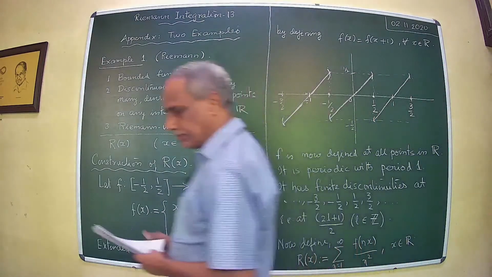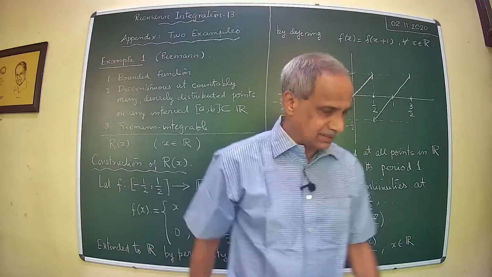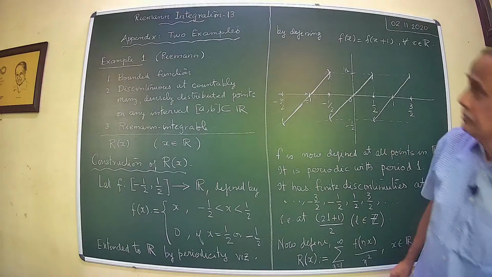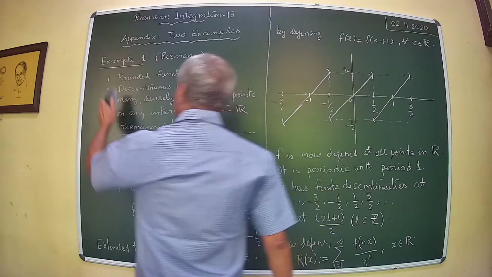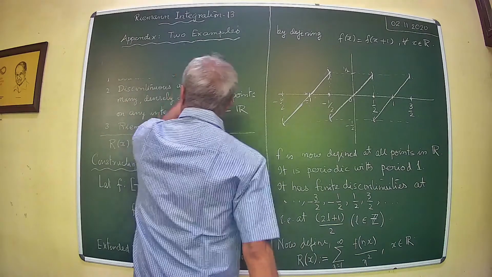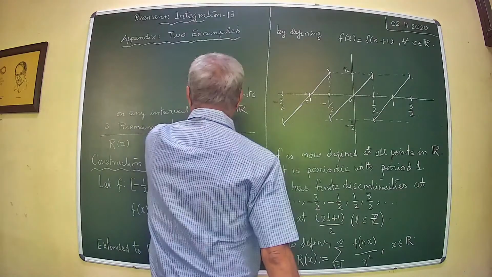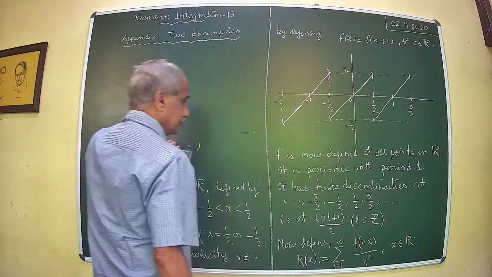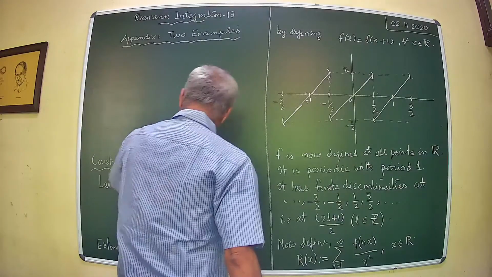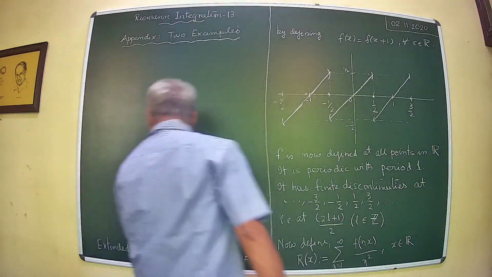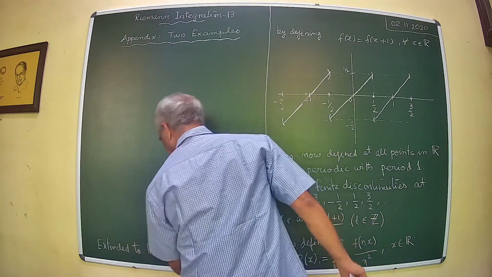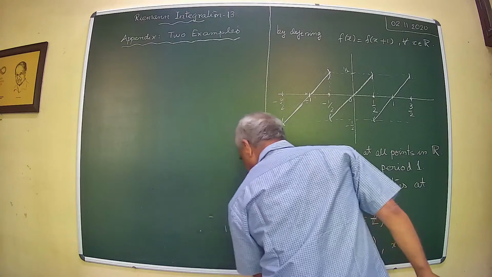Is this well defined? That's the first question that you ask. We first observe that this is well defined at every point on R. Then we explore what are the discontinuities of this function.